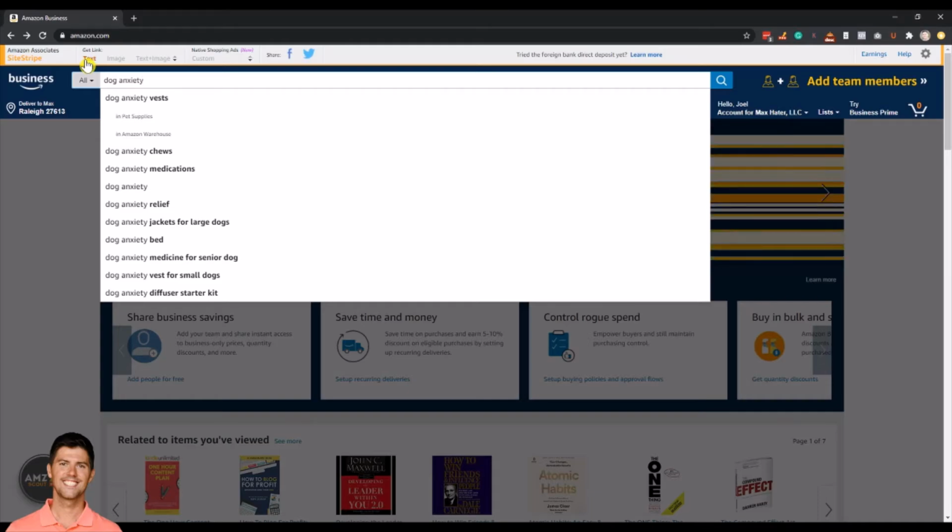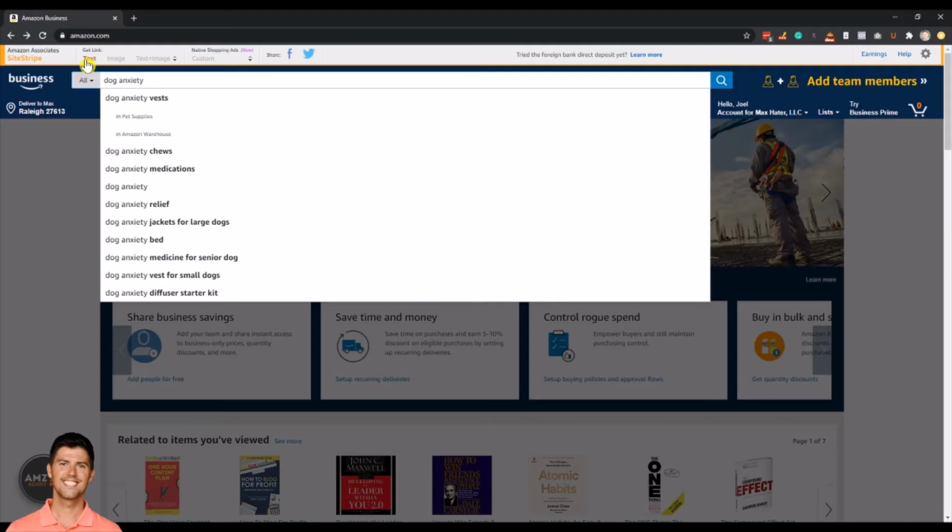You can add the top 10 dog anxiety vests into your blog with the links incorporated into them. So if people wanted to purchase them, they would get out and into Amazon, and you would get a commission based on that. So interesting stuff. We'll get further into that down the road, but for now, I'm just going to click enter on dog anxiety.